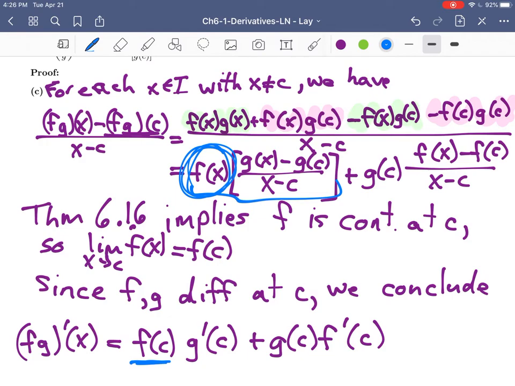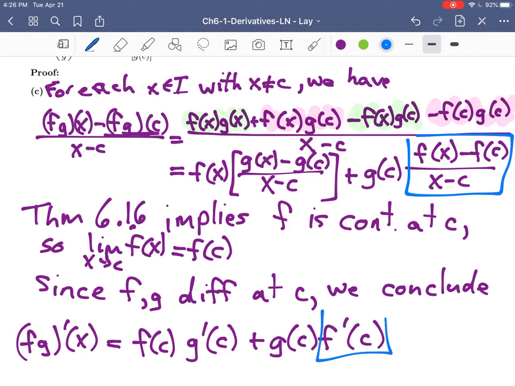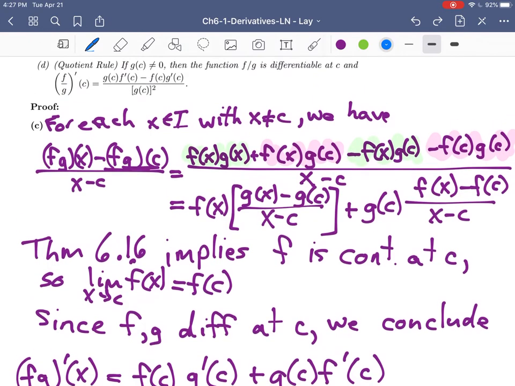And the other piece, that is our definition of the derivative at c for g, and so that's where we get our g prime of c. Then we have the same general idea on the other piece. g of c is a constant, and the limit as x approaches c for this piece is f prime of c. And so we have our product rule.